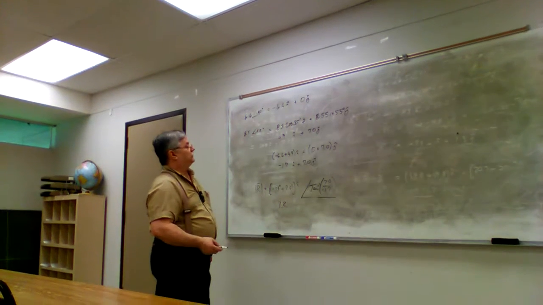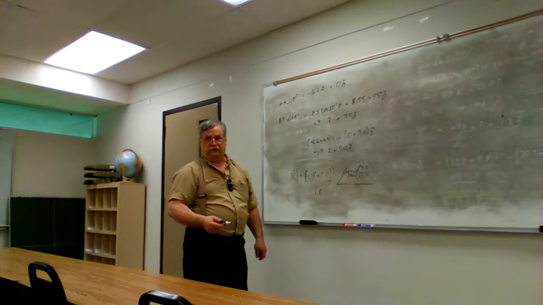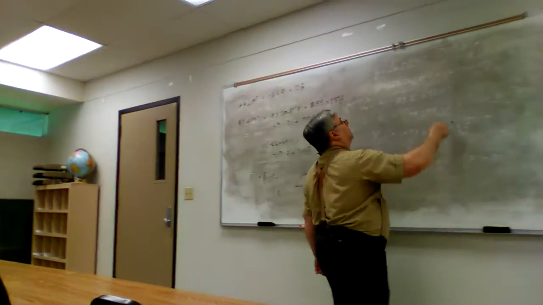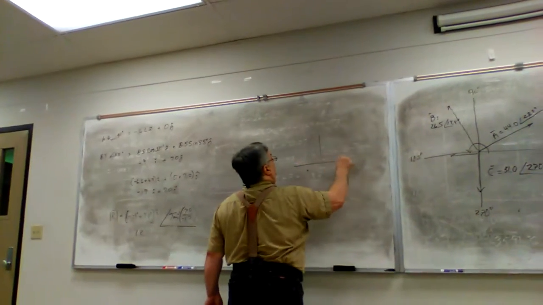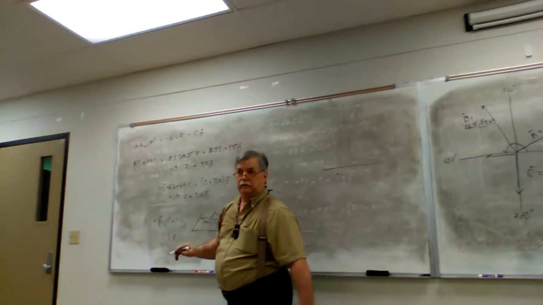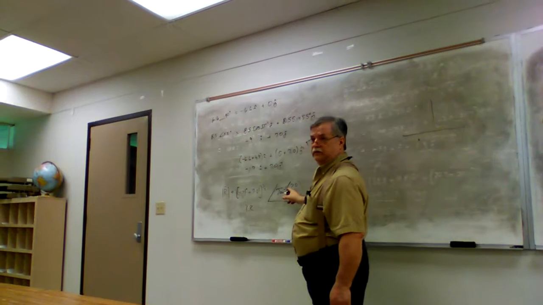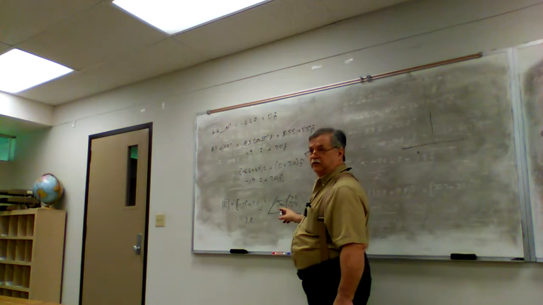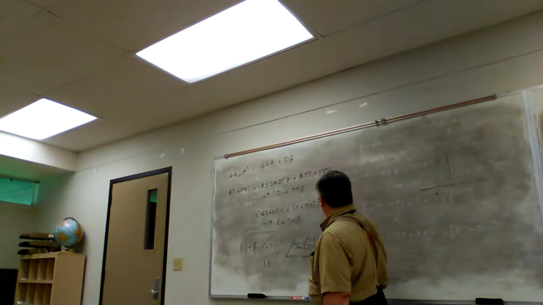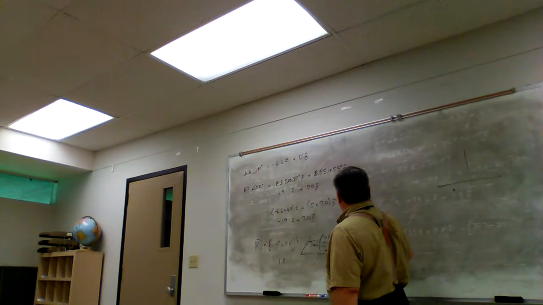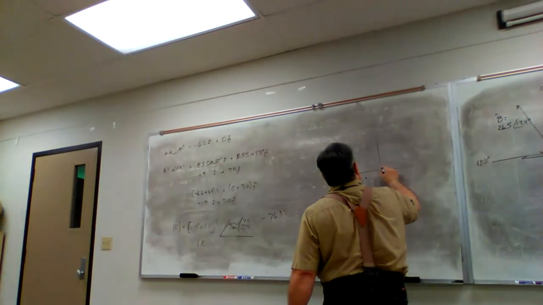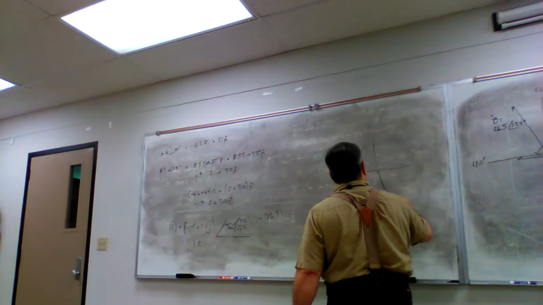Now, 7 divided by negative 1.7. Negative 6. Okay, and you take the inverse tangent and get negative 76.35 degrees. That would be right around here somewhere.